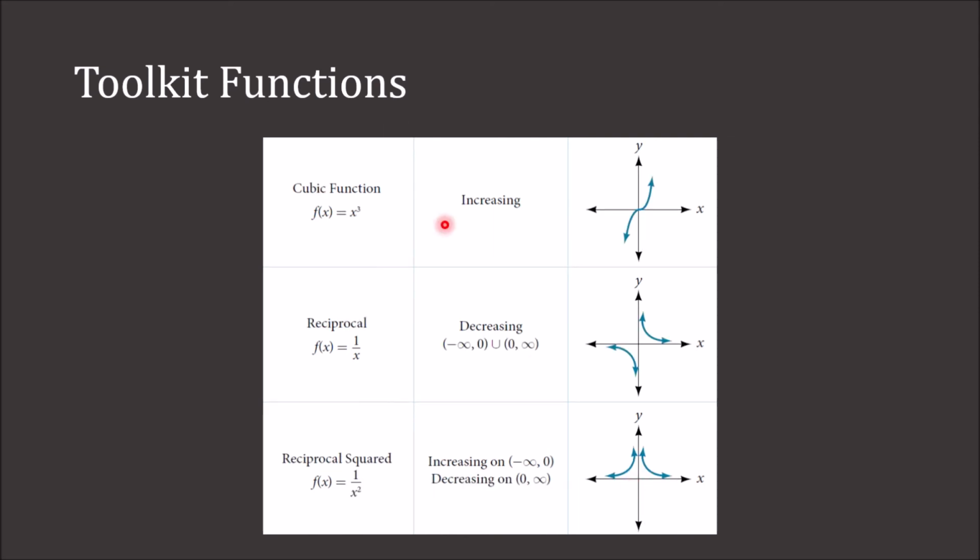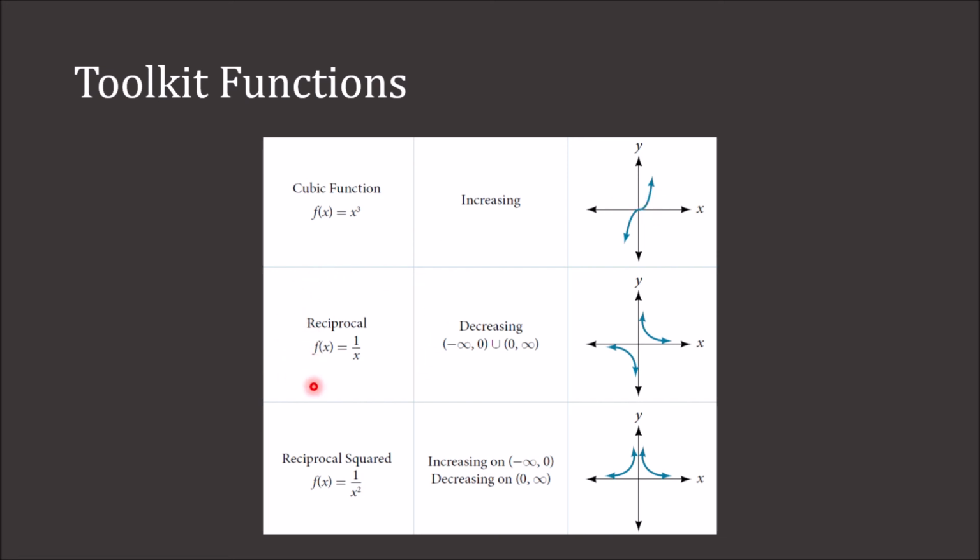The cubic function is a strictly increasing function, which means there's no local extrema. Well, it's hard to tell, but if you actually zoom in around the origin, you can see that this line never actually flattens out. The rate of increase just diminishes, but it will still be increasing.